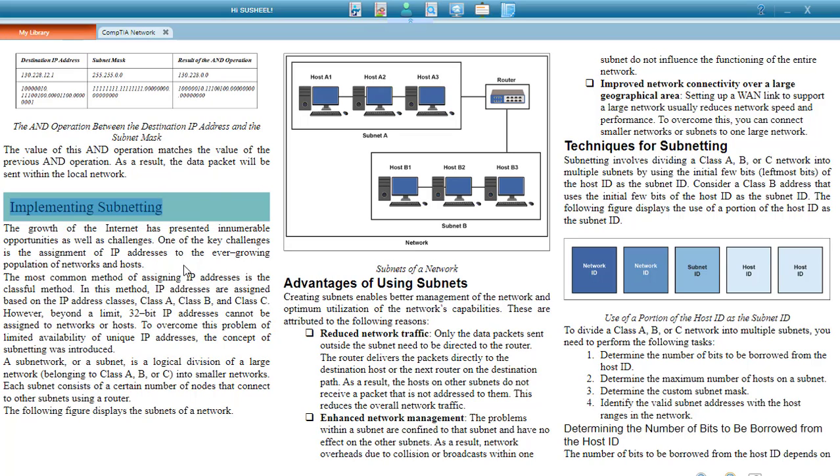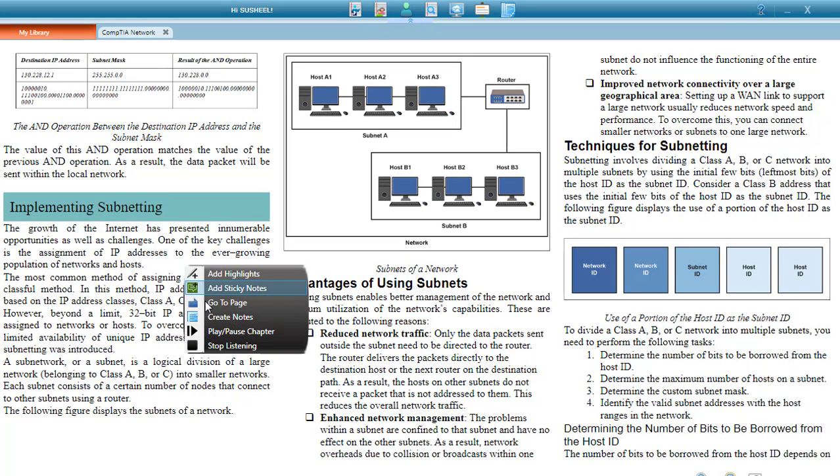Implementing subnetting. The growth of the Internet has presented innumerable opportunities as well as challenges. One of the key challenges is the assignment of IP addresses to the ever-growing population of networks and hosts. The most common method of assigning IP addresses is the classful method.